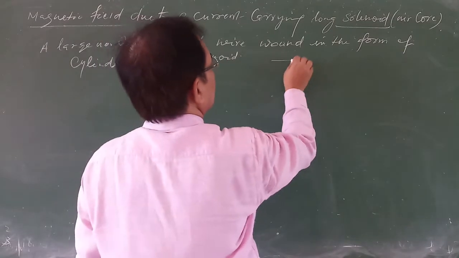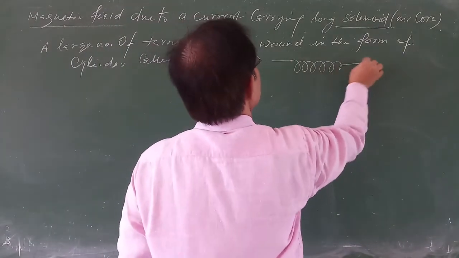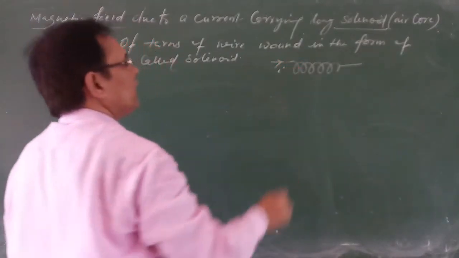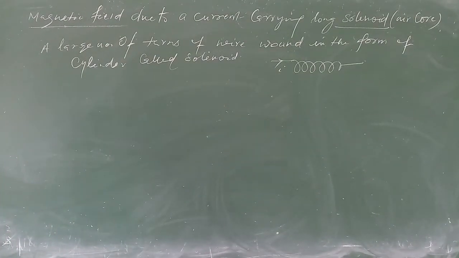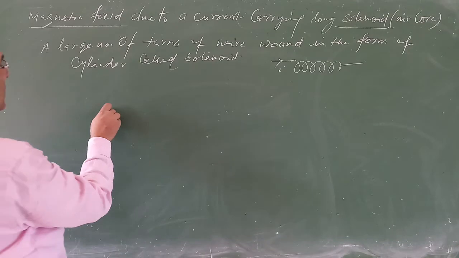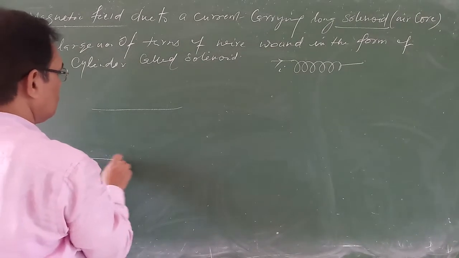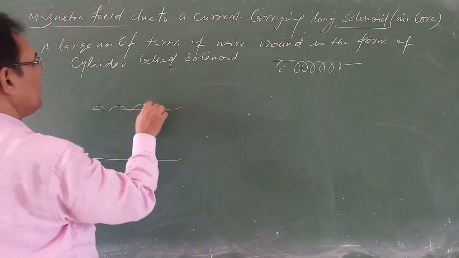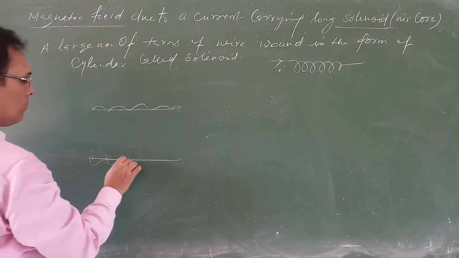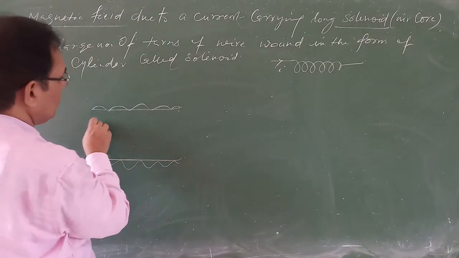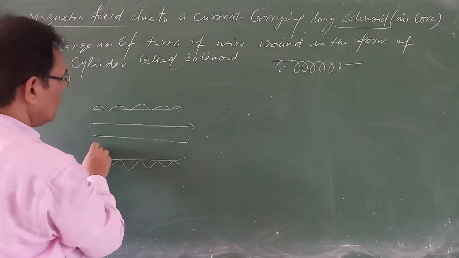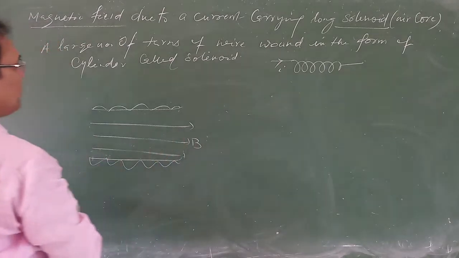So this is the solenoid. Current I is flowing through it. To find the magnetic field, let us consider this is one cross section of the solenoid, and the magnetic field inside the solenoid is uniform. This is the uniform magnetic field.